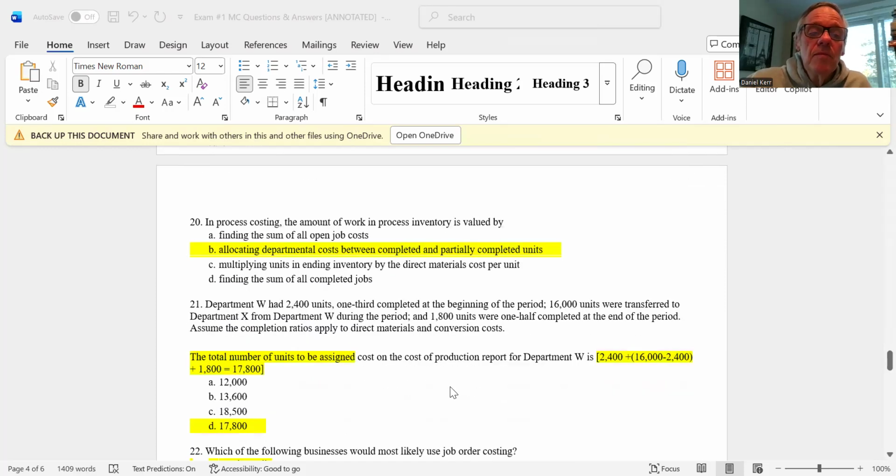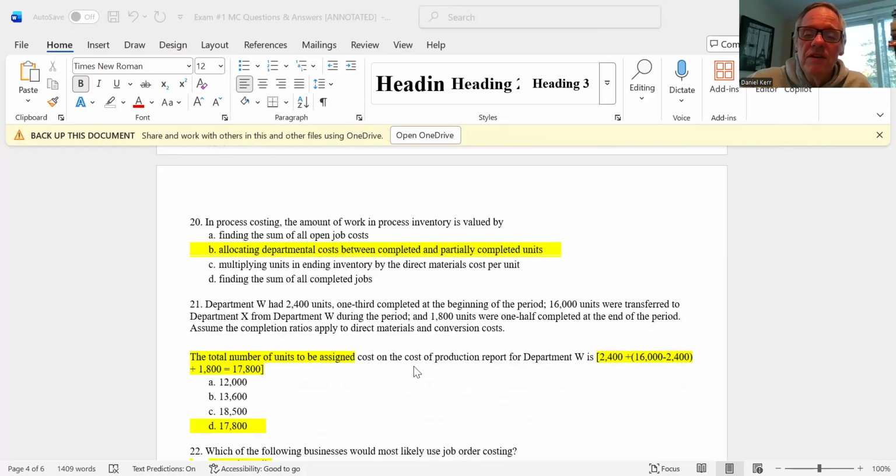21. Department W had 2,400 units, 1/3 completed at the beginning of the period. 16,000 units were transferred to Department X from Department W during the period. 1,800 units were 1/2 complete at the end of the period. Assume completion rates applied to direct materials and conversion costs. What is the total number of units to be assigned costs?